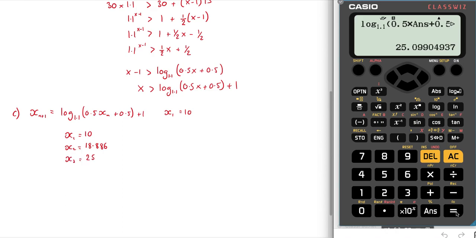So 25.099, 27.951, 29.03040, 29.426. It looks like the answer.